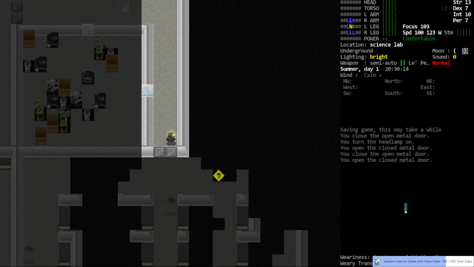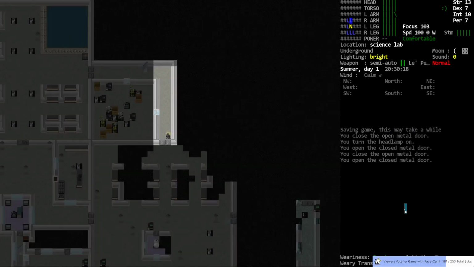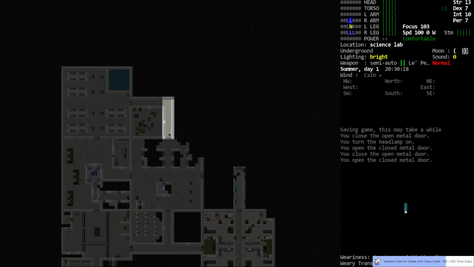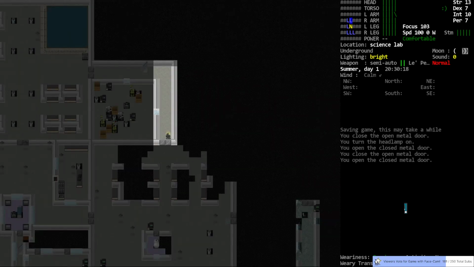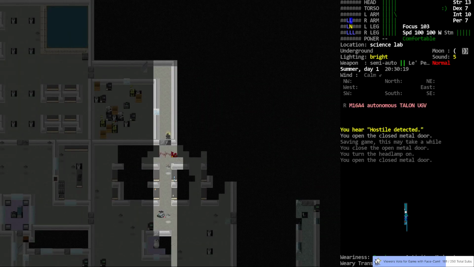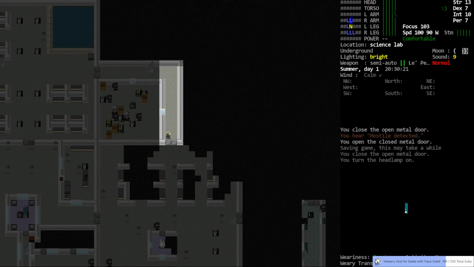Uh-oh. Are they all in that corner now? Did they all switch to the northeastern corner? Oh, well, they're not all dead. Hey there, Autonomous Talon UGV. Hostile detected. Yeah, I think they're all in this corner now, apparently. Well, that makes things a little rough, with one here and a bunch of them over here.